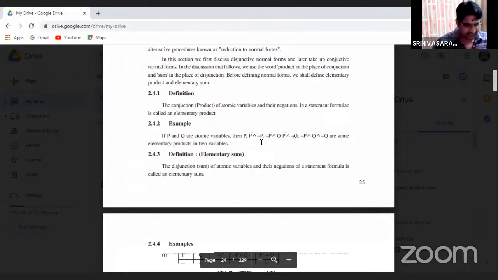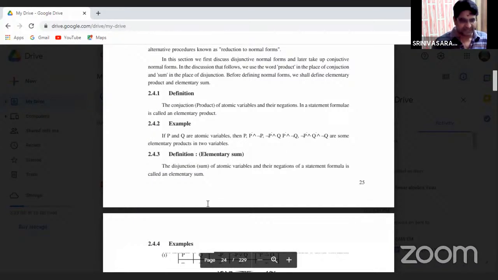P and the negation of P is also an elementary product; negation P and Q is also an elementary product; P and negation Q is also an elementary product; and negation P and Q and negation Q is also an elementary product. In between the conjunction, you represent the statements with their negations. This is the elementary product in two variables.